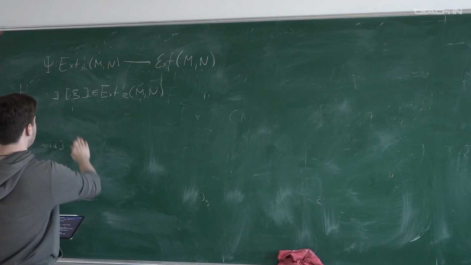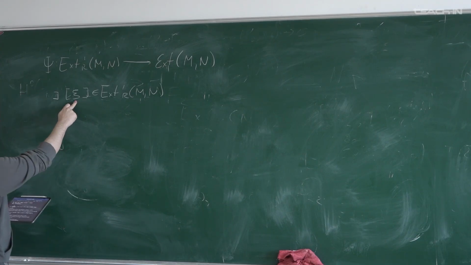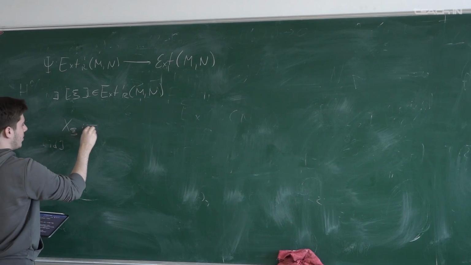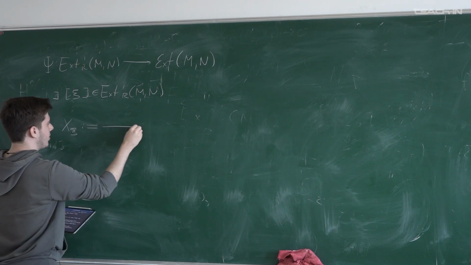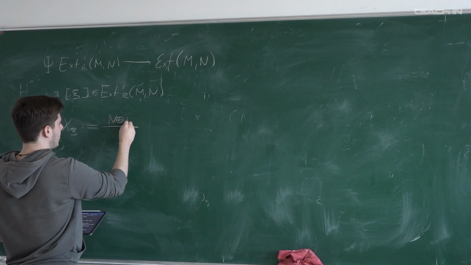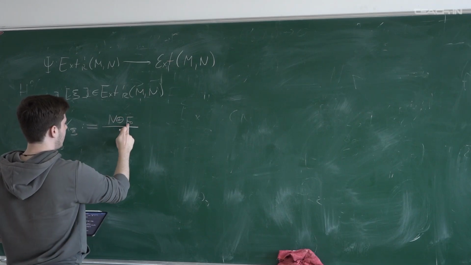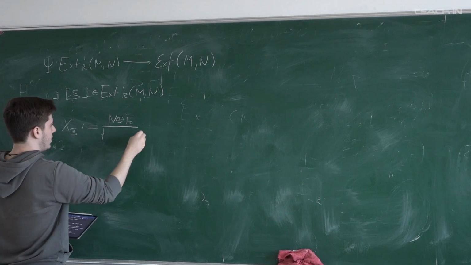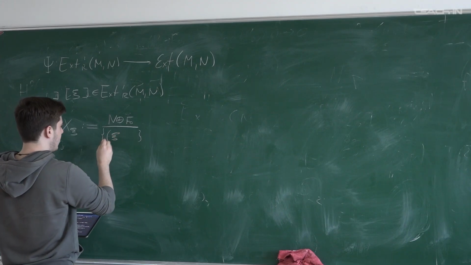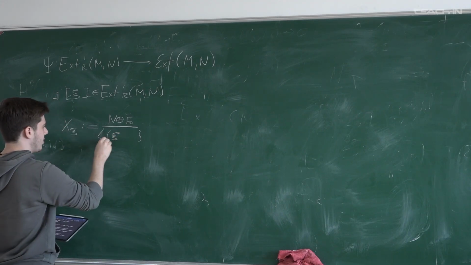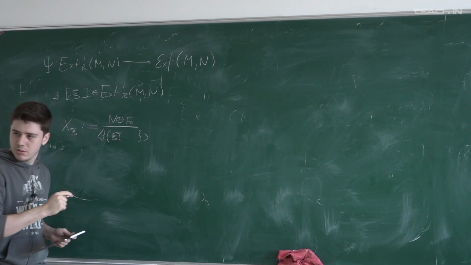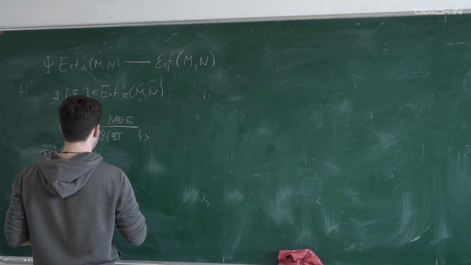And we just take this representative, and as you said already, we construct a module which is defined like this. We take N, take the direct sum with F0, and then divide by the submodule generated by all elements of this sort. It's not an ideal, it's a submodule, of course.